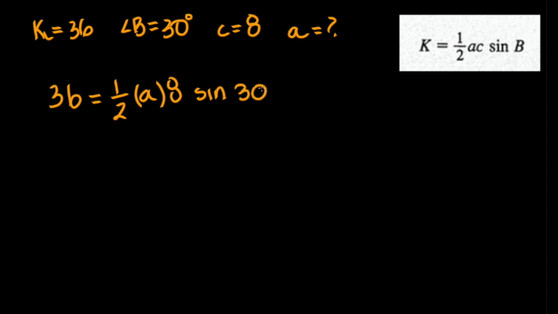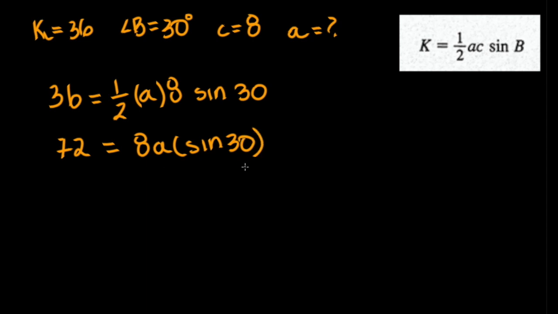We need to isolate a in order to solve this problem. So we are first going to divide both sides by 1/2. 36 divided by 1/2 equals 72. So now we have 72 equals 8a times the sine of 30.